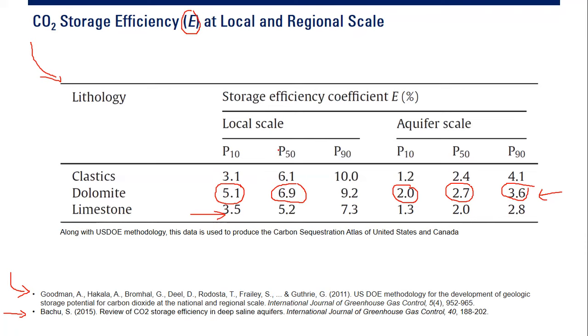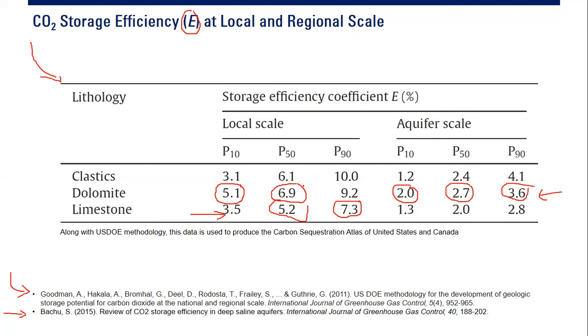But for the P50, the base case, limestone has the lowest storage efficiency coefficient, and also for the P90. Maybe you can guess, maybe there will be an acidification reaction because we have CO2 dissolved into the water, creating acid, right? And then there will be reaction with the limestone.